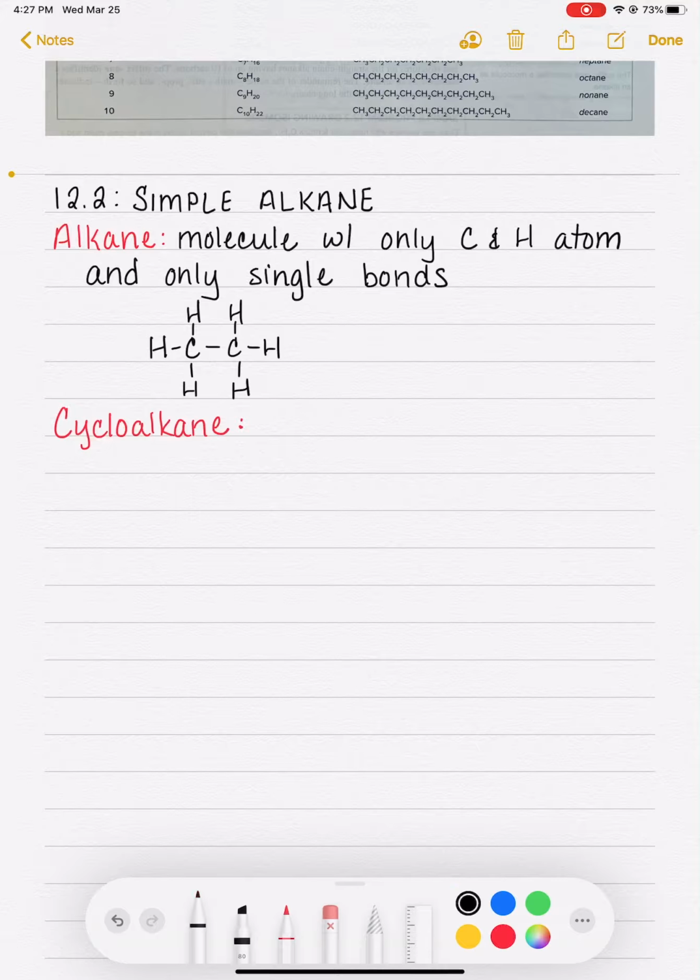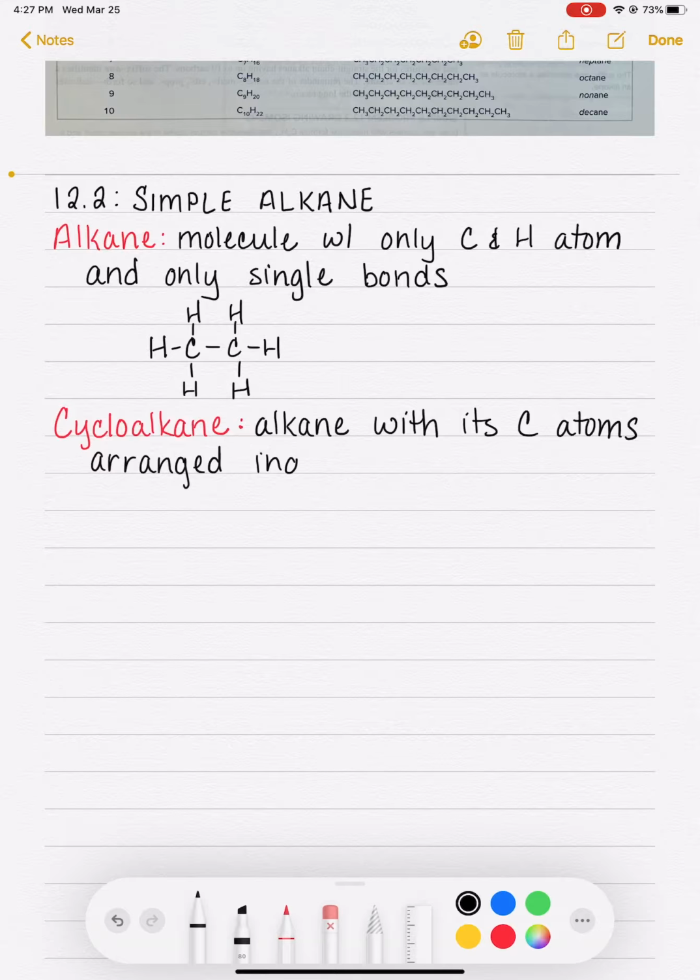So a cycloalkane is an alkane that has its carbon atoms arranged in what we call a ring. I know the word ring makes it sound like it's going to be a circle, but it's not always a circle shape.